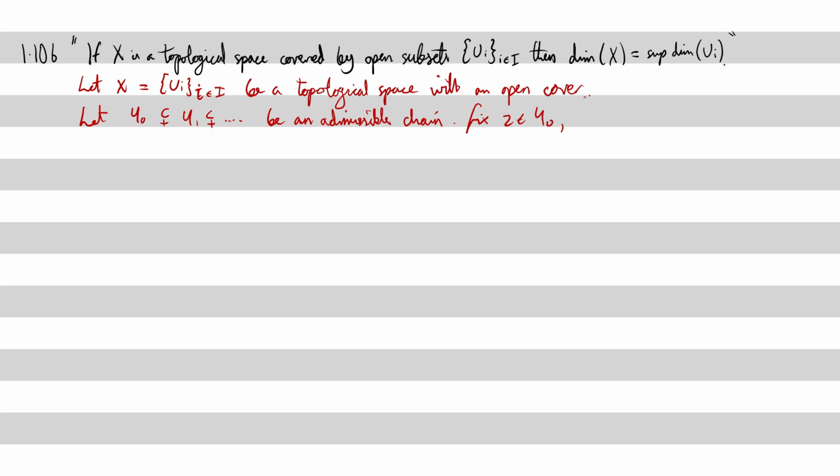Well, it's not the only long part left. C and E give example questions. So fix Z in y0. There exists an index k in I such that Z is an element of UK, which therefore means that UK intersect all of our yi's are going to be non-empty.